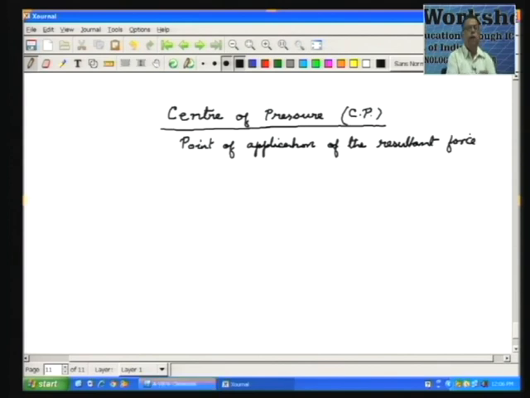By this we mean that if you have a concentrated load which we call F r, and it acts at the center of pressure, the moment due to that resultant force will be equal to the moment of the distributed force.